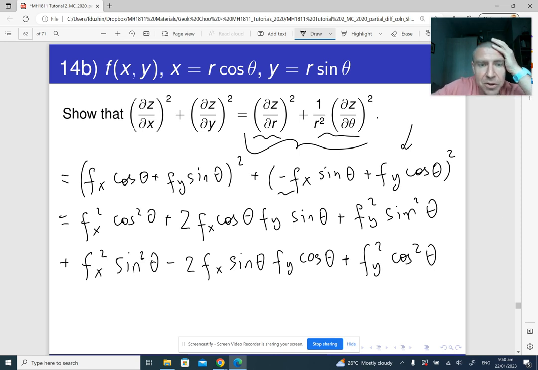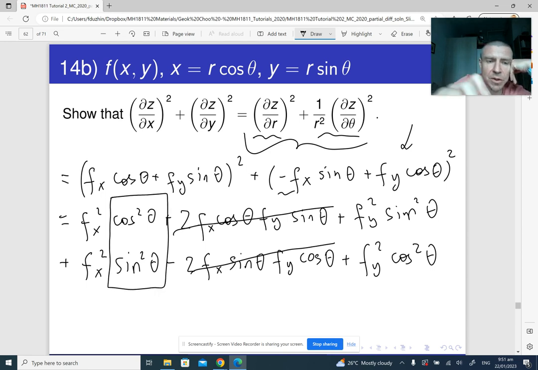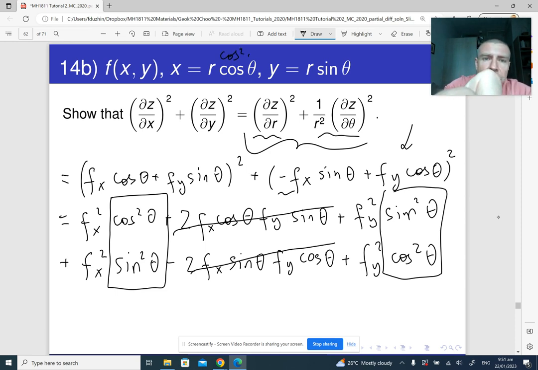All right, and we've got to add them together. So notice that this term minus this term is just zero. They're equal. Then here we have cosine squared theta plus sine squared theta, and here we have sine squared theta plus cosine squared theta, right? And I hope you still remember from secondary school that cosine squared plus sine squared of anything is just one.